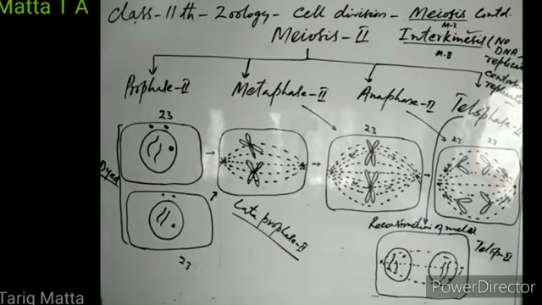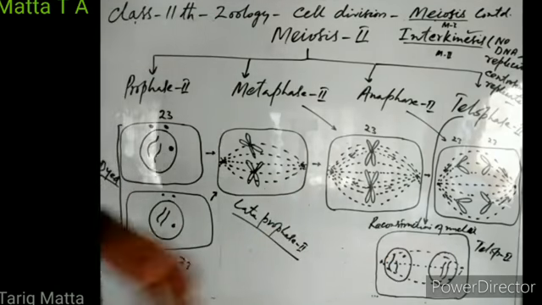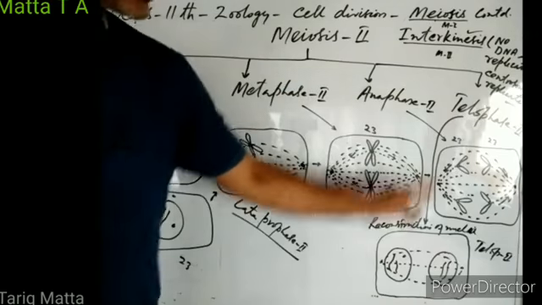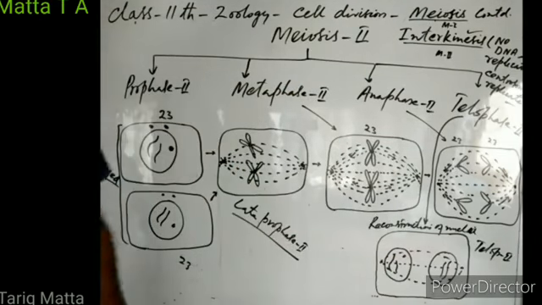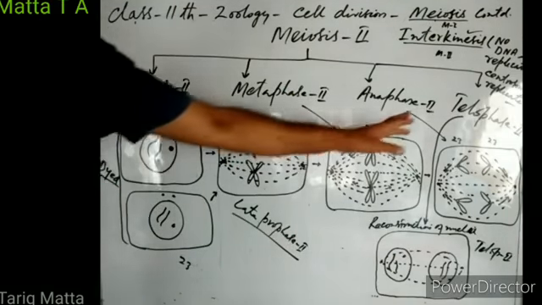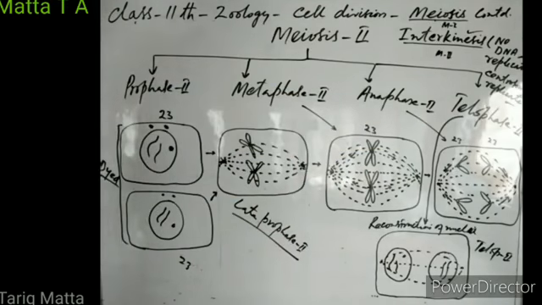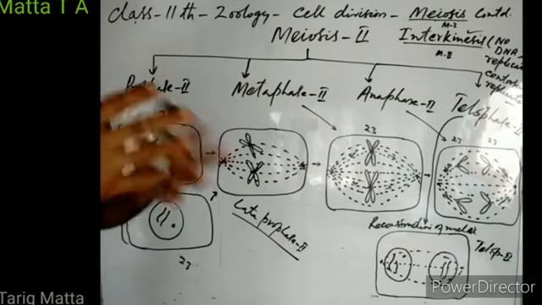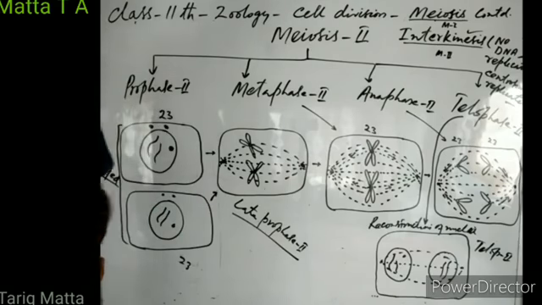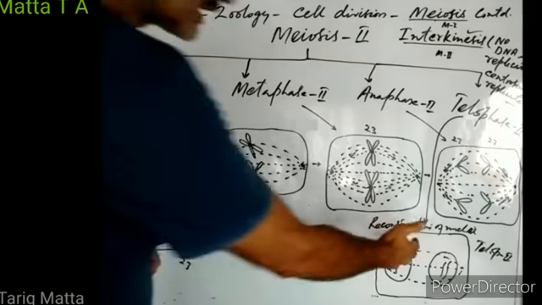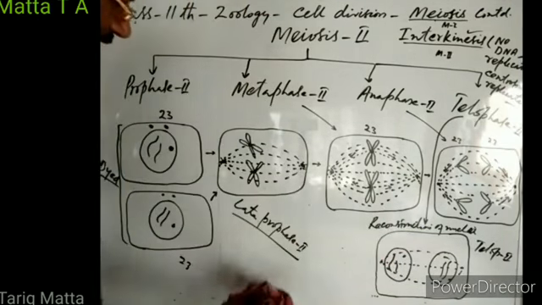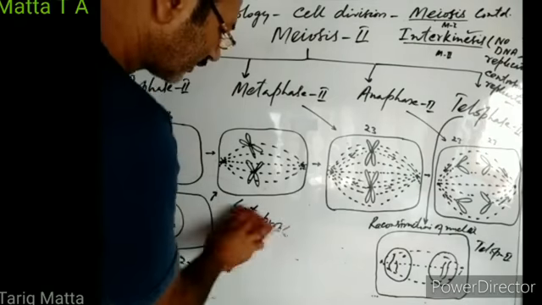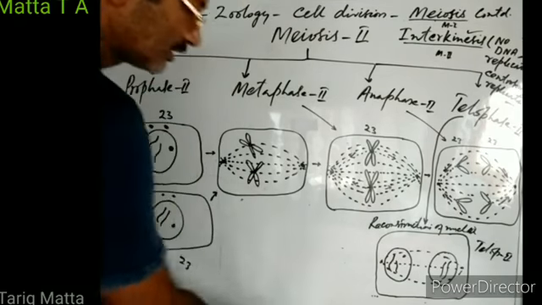So now this cell in telophase second has got two nuclei in it. Now this telophase second is followed by cytokinesis again. Now this cell will divide into two daughter cells.